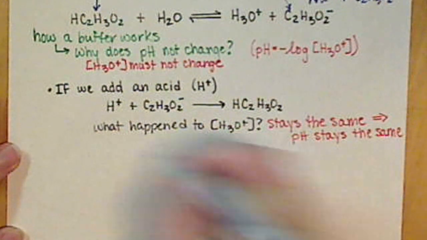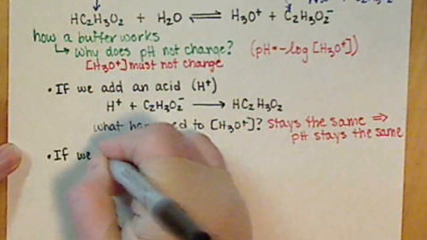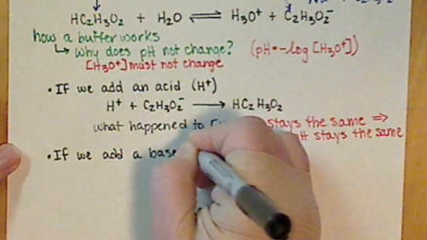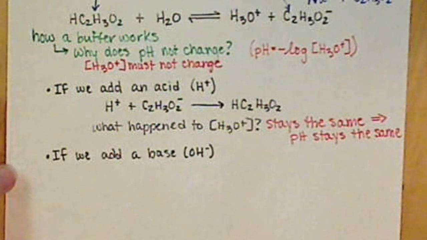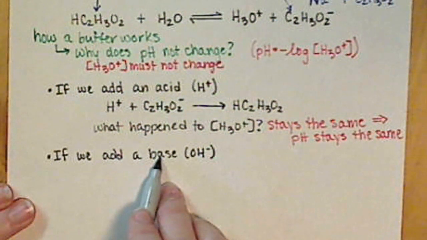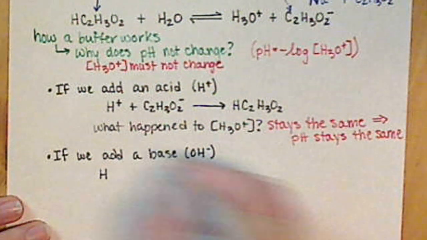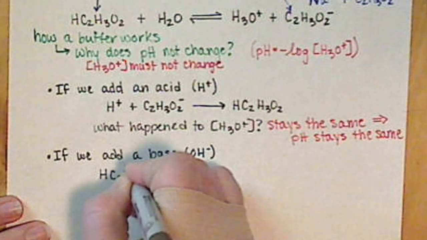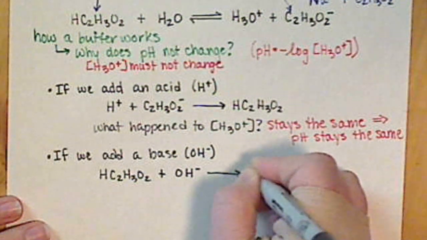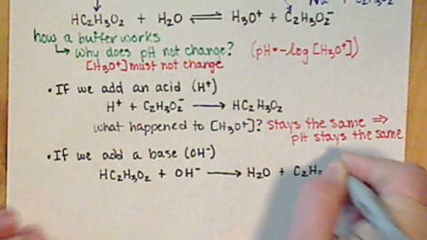All right, let's look at if we add a base. We're just going to think of this very generically, OH minus. Acids are attracted to bases, so our base is going to interact with our acid. We're going to have HC2H3O2 plus our base forming water and our acetate ion.